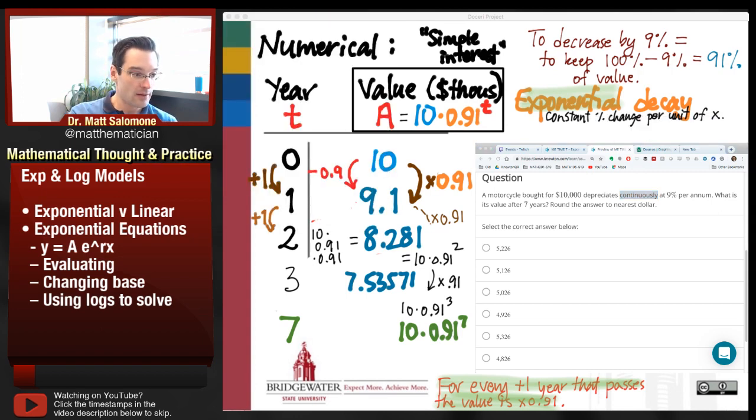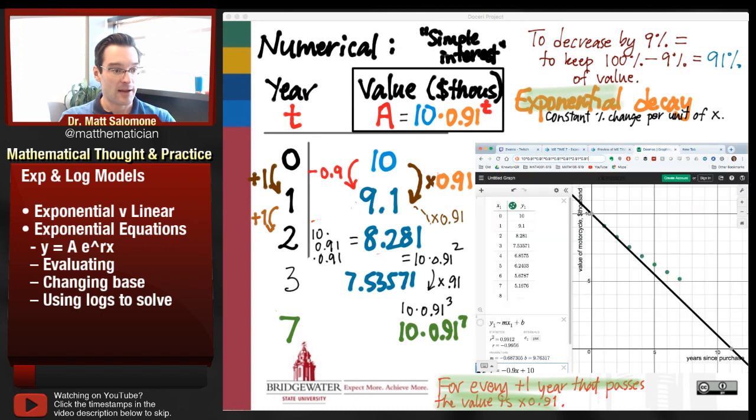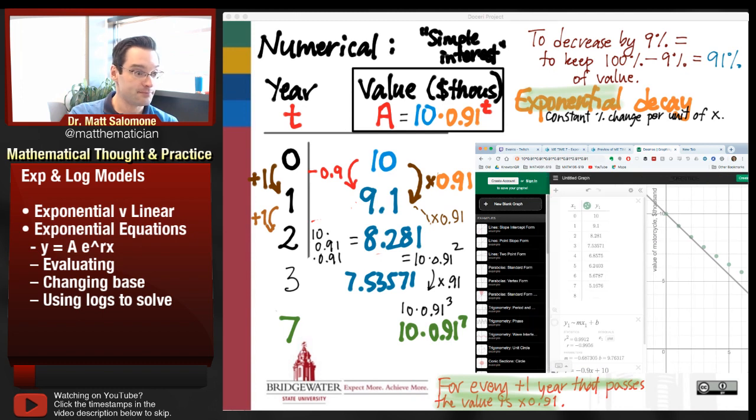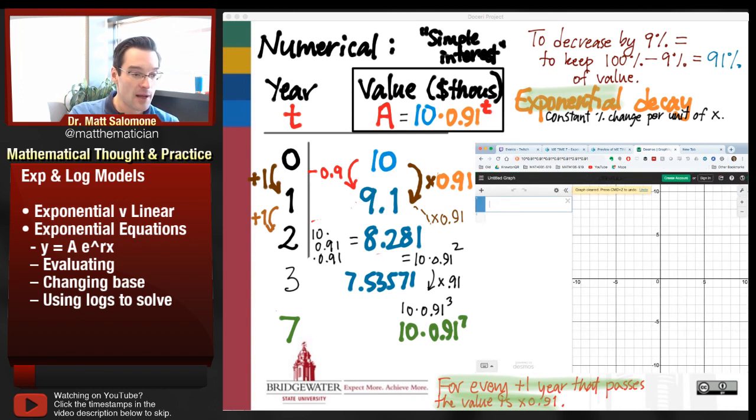Let me actually go back into our Desmos for an example, and let me start a brand new graph here for a minute. Because what I'm interested in is, let's think about what the value of this motorcycle would be after just 1 year.